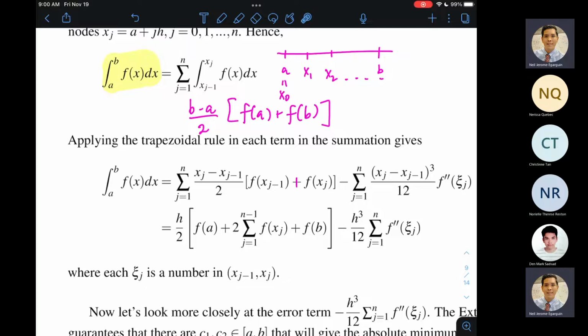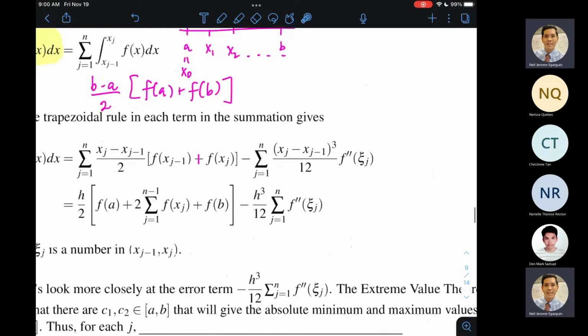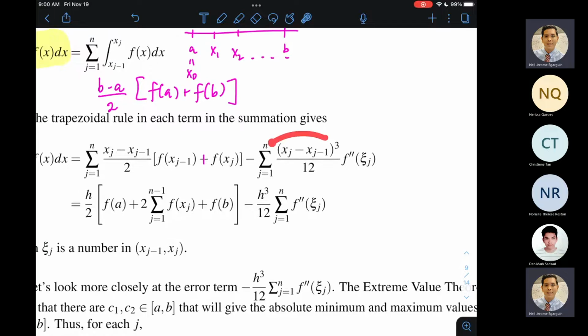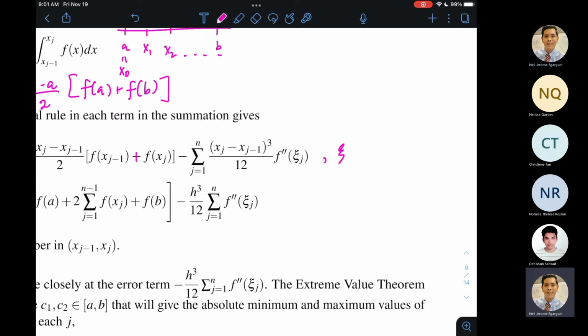Okay? And then let's look at the error. So the error on each application of the trapezoidal rule is the length of the subinterval cubed all over 12 times f double prime of c sub j, where c sub j, okay, is a number on the jth subinterval. Okay?